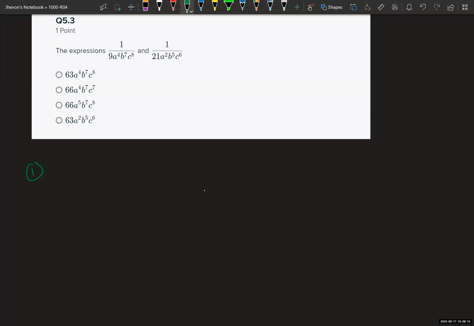You do the prime factorization. For the 9, it's 3 squared. And for the 21, that's 3 times 7.